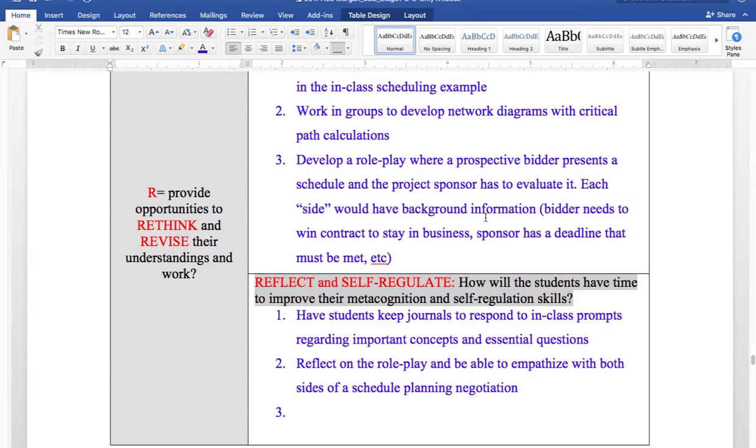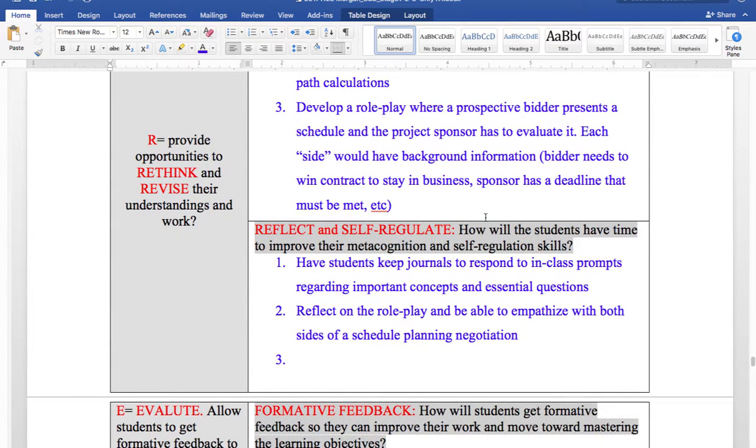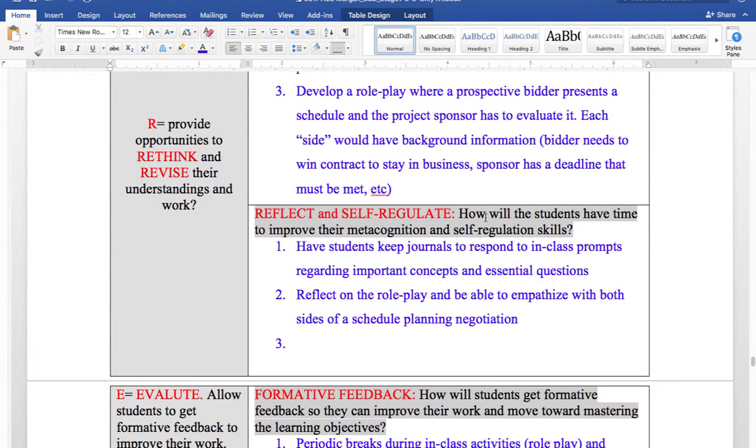In this way, students would also get an idea of what a real-world example would be like, coming from the different perspectives, especially since usually a bidder is representing a business interest that really needs that work to keep their doors open. And on the other side, you have a sponsor who has a fixed budget, a fixed timeline, and constraints that they have to meet.